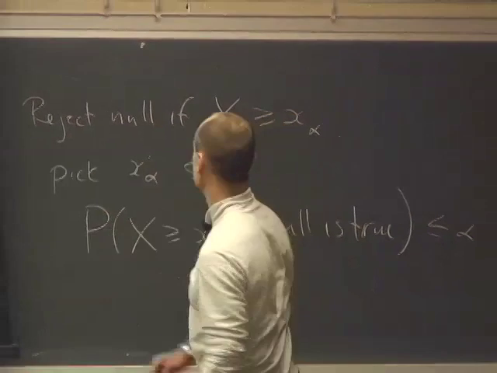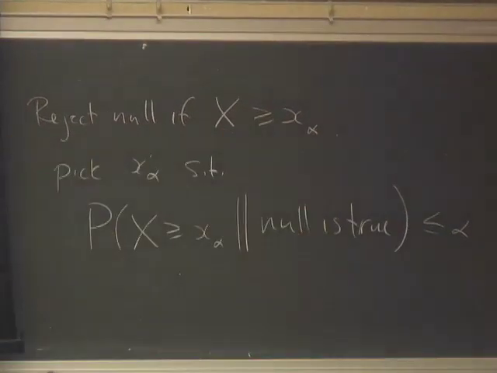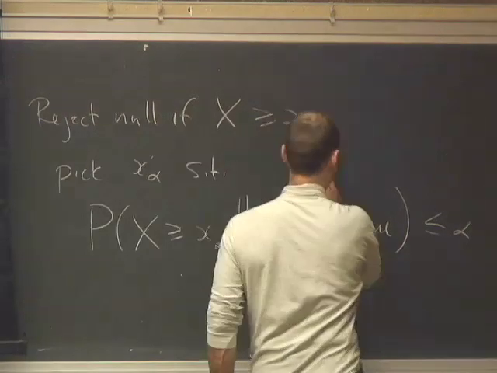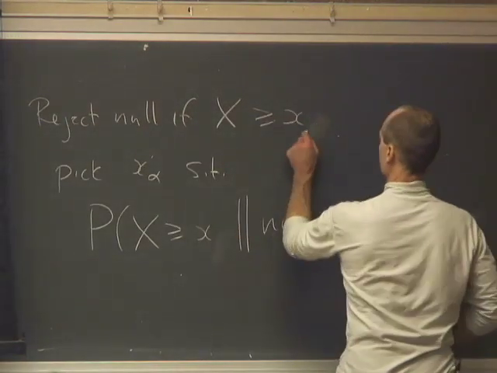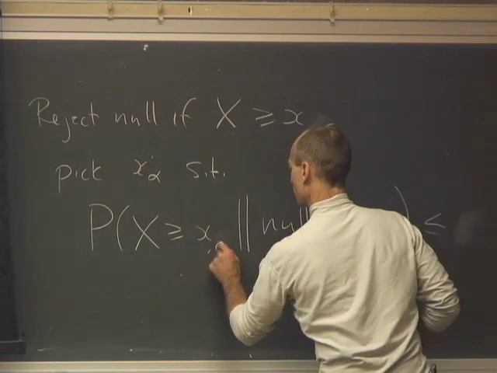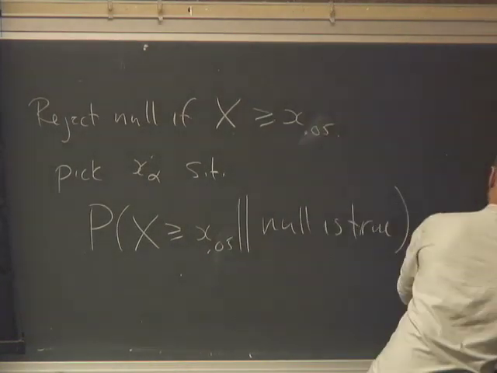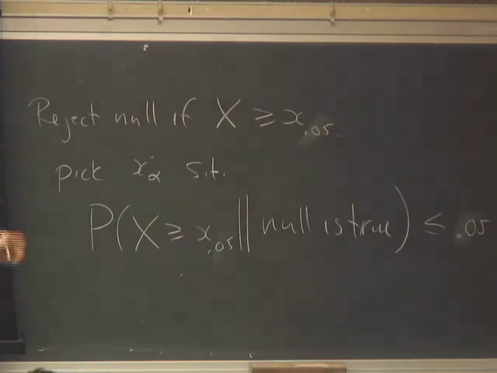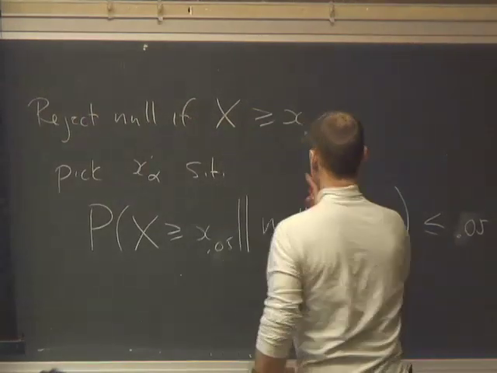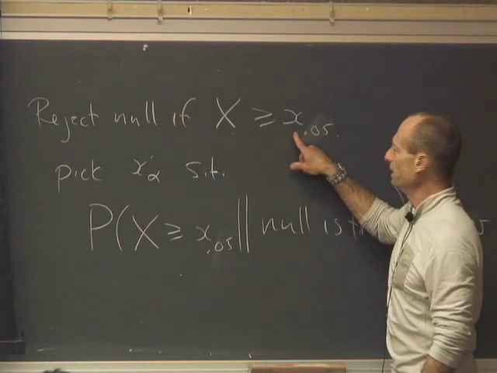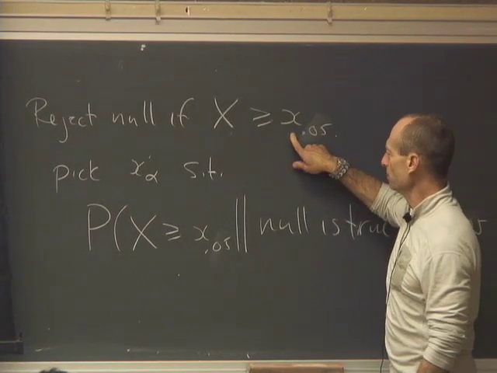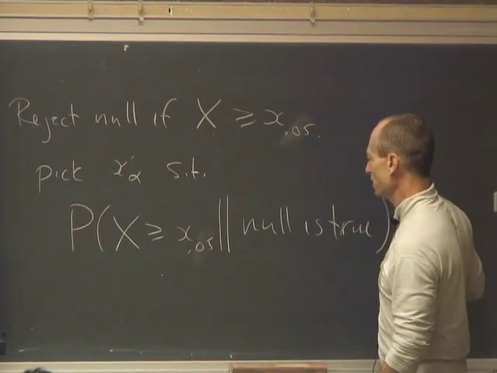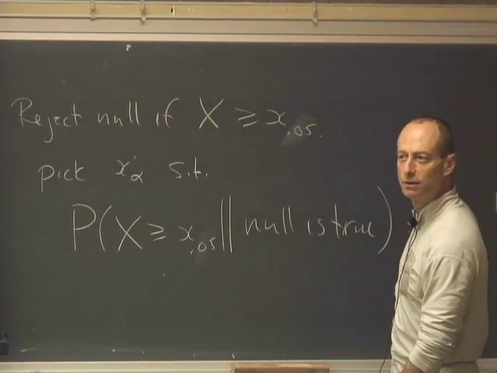In this case, alpha is 5%, so maybe I should just substitute 5% there to decrease some of the Greek. So I want to pick this number to be as small as possible, but yet keep the chance that x exceeds that threshold small.